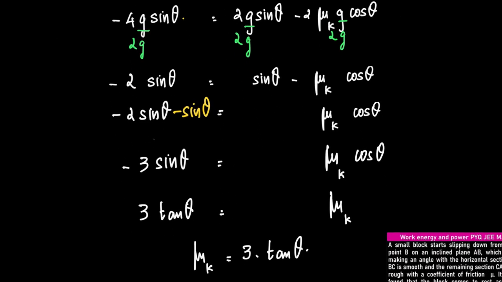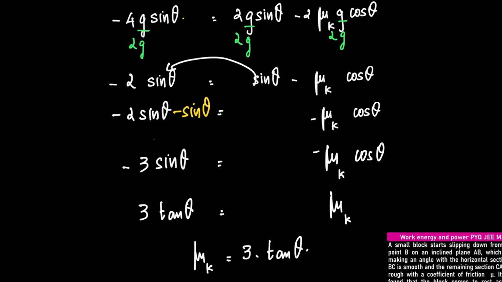And if you transpose the sine theta to the LHS, what we have is minus 2 sine theta minus sine theta, which is minus 3 sine theta, and this is equal to minus mu k cos theta. And then if you divide this complete equation by negative 1, minus 3 by minus becomes positive. Sine theta by cos theta becomes tan theta, and therefore 3 tan theta is equal to mu k, or otherwise mu k is equal to 3 tan theta.